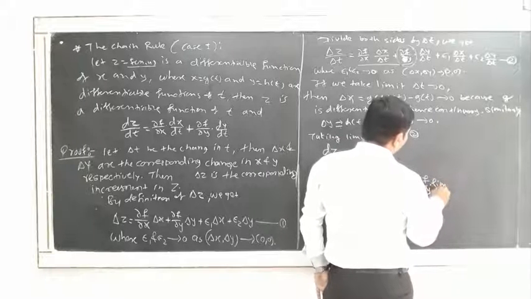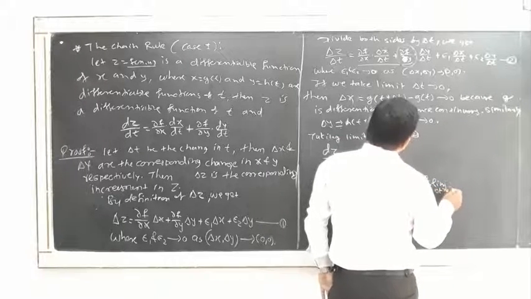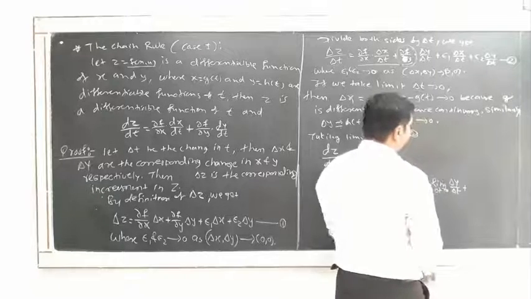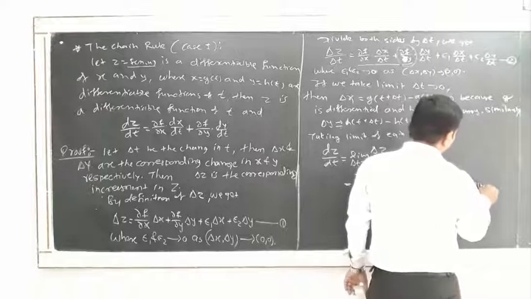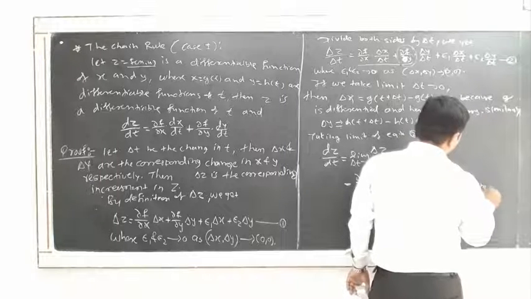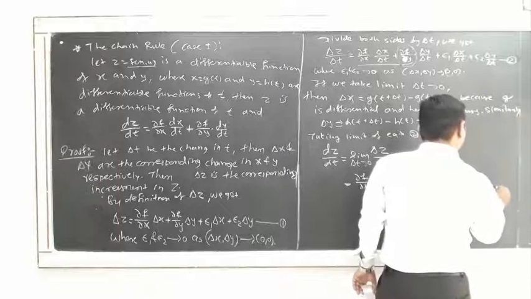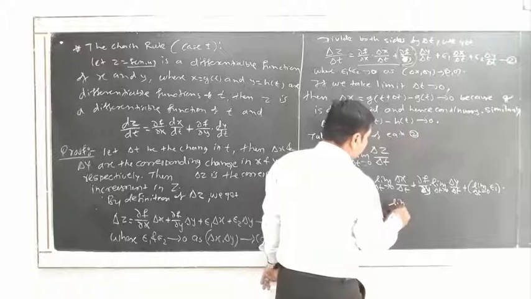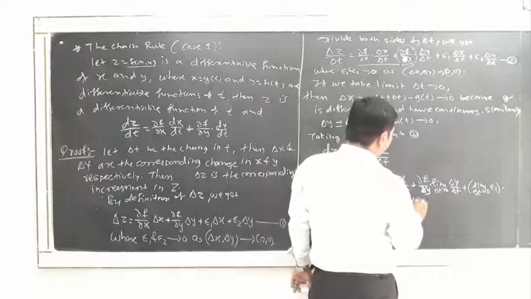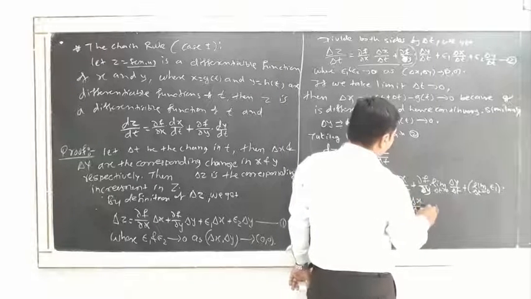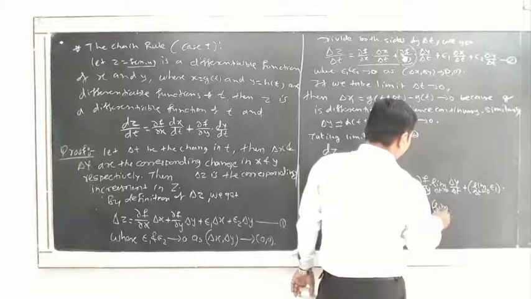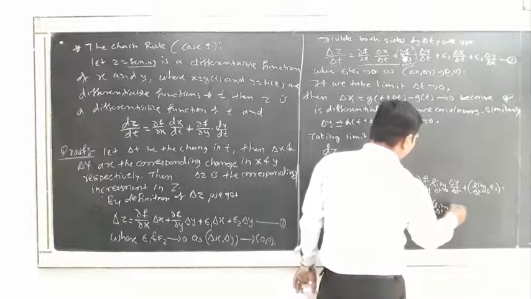Therefore limit delta t tends to 0 of delta y by delta t. Epsilon again depends on delta t, therefore limit delta t tends to 0 of epsilon 1 into limit of delta x by delta t plus limit delta t tends to 0 of epsilon 2.